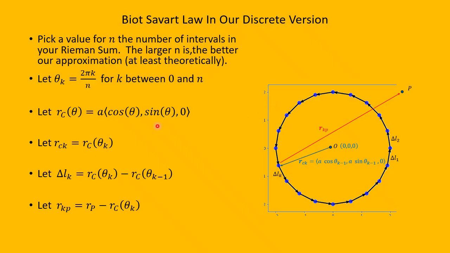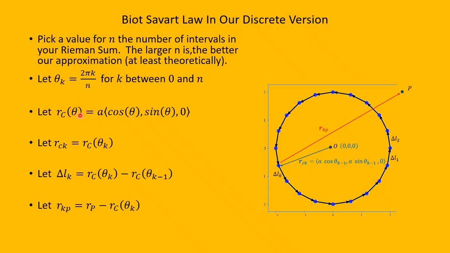And then we're going to define our circle. The position function for our circle is going to be r sub c. R sub c of theta is going to be a, the radius of this circle, times the vector cosine theta, sine theta, 0. The z component here is 0 because we're assuming that this circular loop of current, maybe going through a wire, is embedded in the xy plane. We'll introduce this notation. Let r sub ck be r sub c of theta sub k.